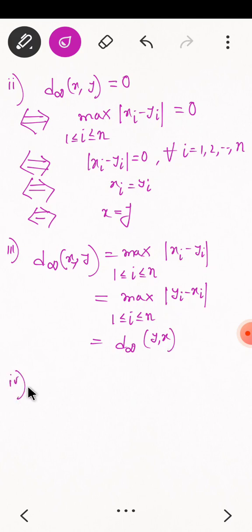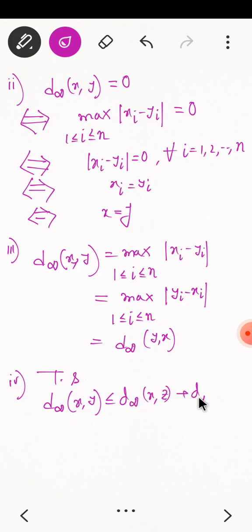Now to show the triangle inequality, to show d infinity of xy is less equal to d infinity of xz plus d infinity of zy, where z is another element of R n. Z is z1, z2, up to z n.